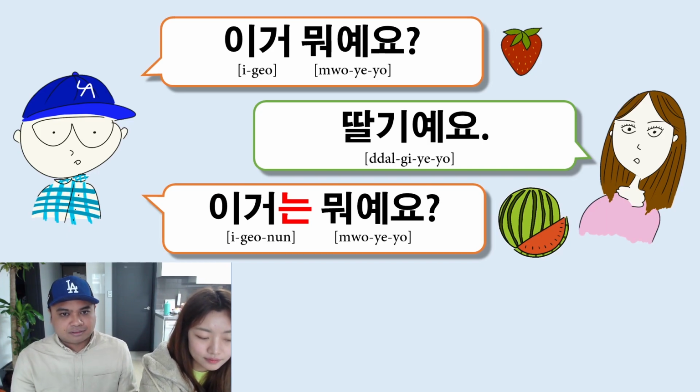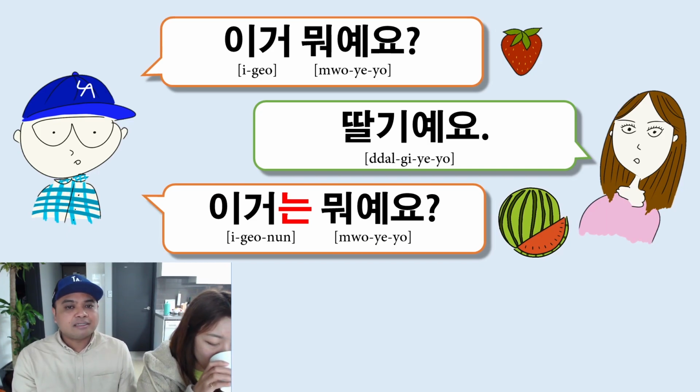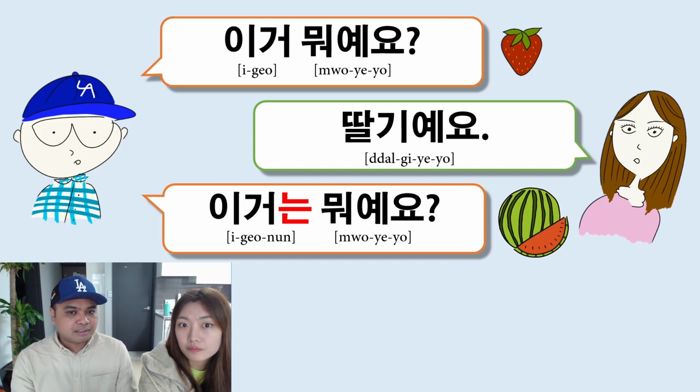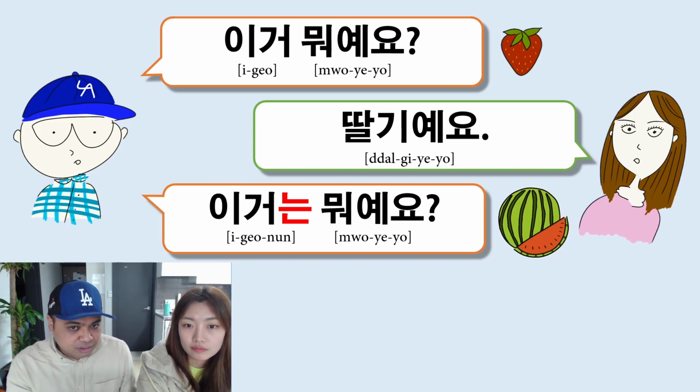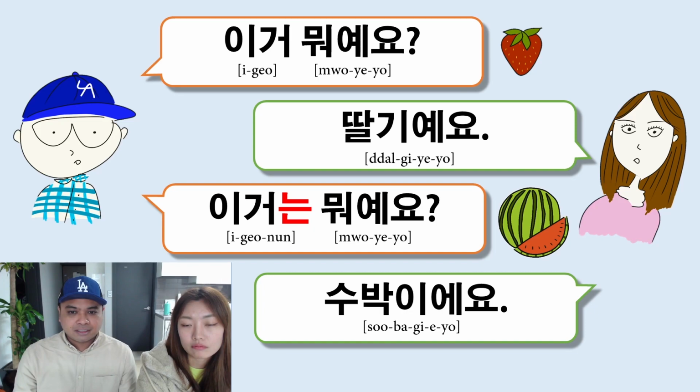What about that? Even though you're just adding 는, it changed just a little bit. You're saying the same question, but about a different object. 이거는 sounds a little better than just 이거 뭐예요. And then she's going to respond with 수박이에요. Yeah, it's a watermelon. That's too easy. So right here, just know that when you're asking the same question, you can add 는, and it has the same meaning.